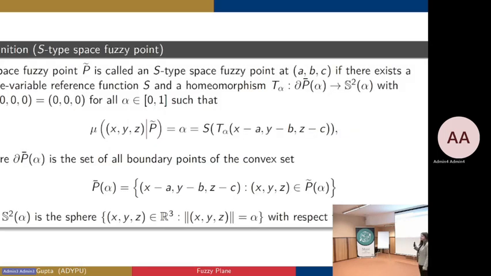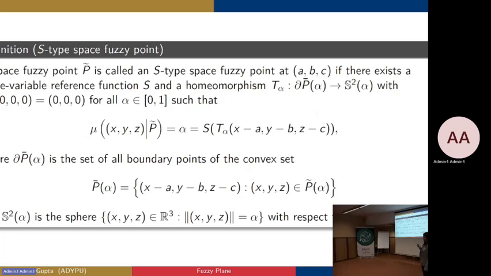Now, with the help of the three-variable reference function, we have defined an S-type space fuzzy point, which gives a unified representation of a fuzzy point. A space fuzzy point P tilde is called an S-type space fuzzy point at the point (a, b, c) if there exist a three-variable reference function and a homeomorphism with these conditions and this expression.